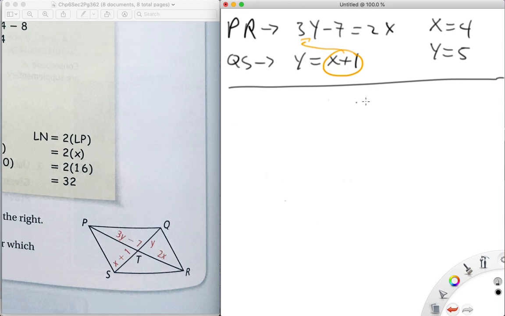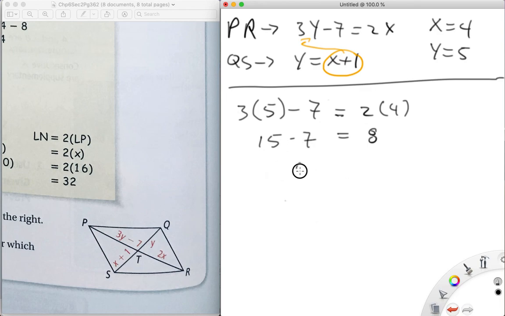If I plug in for PR, they should be the same. 3 times 5 minus 7, which is 15 minus 7, equals 2 times 4, which is 8. 15 minus 7 is 8. So 8 equals 8, so that works.